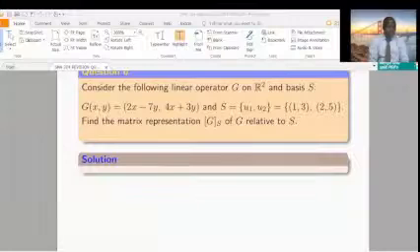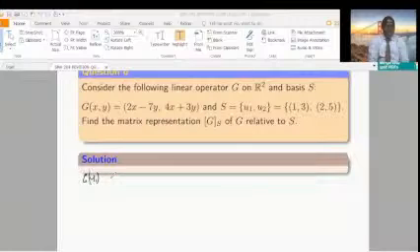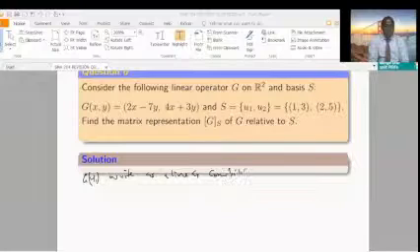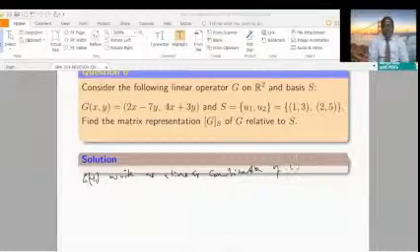Now, how we normally do this, just to remind you, we had done it before. What we want to do is to find G of U1. After finding G of U1, write this as a linear combination of U1 and U2.